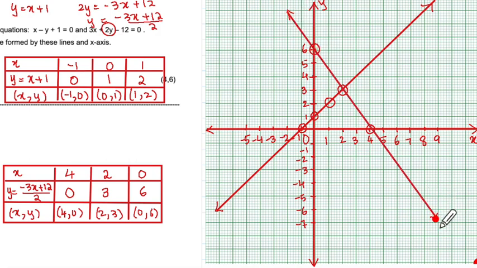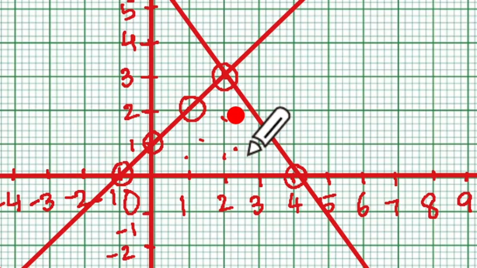So we shall write this as 3x plus 2y equal to 12, and this one was x minus y plus 1 equal to 0. Now you can see that the solution set is going to be this one, which is 2 comma 3, but they are asking to find the area of the triangle formed by these lines and the x-axis. That is this triangle you have to find the area of.